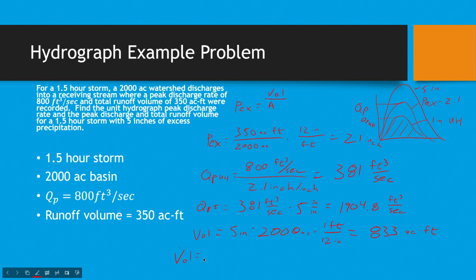So our unit, we'll call that volume U, 2,000 acres times 1 inch, and then convert it into feet. And then basically we multiply that by the 5 inches. So pretty much we're doing the same thing. It's just a little bit of a different approach.